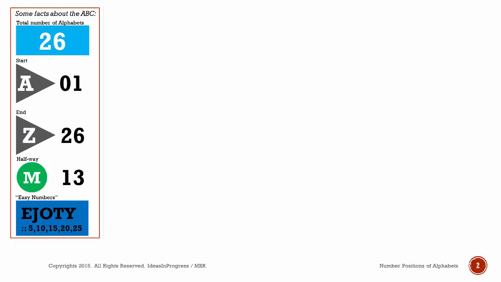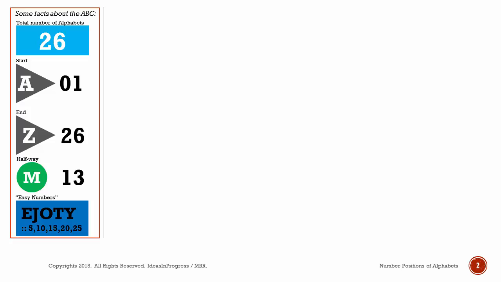The first trick is to learn and remember a few facts about the ABC. These are very simple facts. The first fact is that there are a total number of 26 alphabets in the English language. Alphabet A is the first letter, and so its number position is 1.